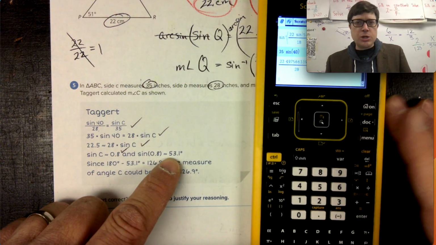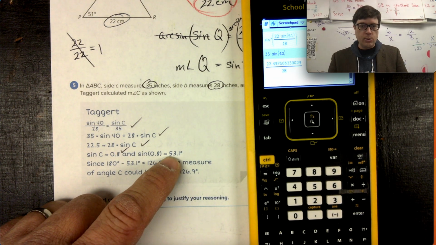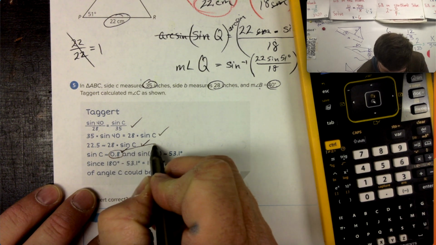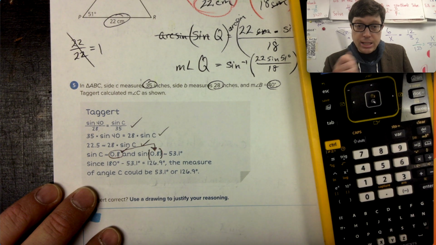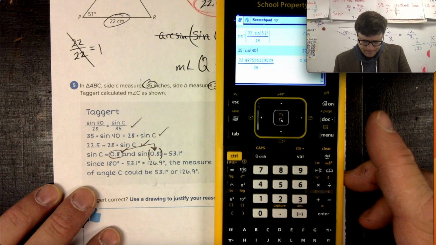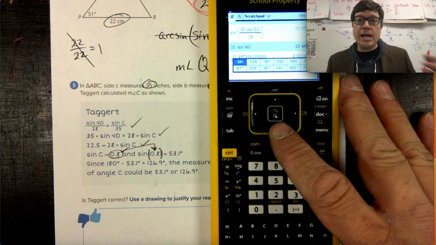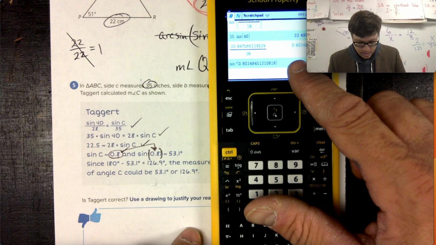How did they get 53.1 degrees? Oh, I see what you did. They took this number and put it right there in the sine formula. That is wrong. But let's do what we should do. What you should do is use sine inverse of the answer.